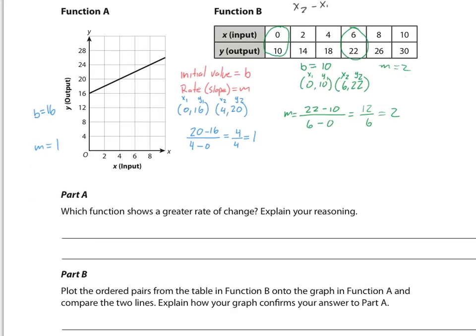Now let's look at part A. It says, which function shows a greater rate of change? Explain your reasoning. So the function that has a greater rate of change is going to be the function that has the largest slope. So we're looking for the one with the largest m. So we're going to keep in mind, let's make a note. We need to find out which one has the larger m value.